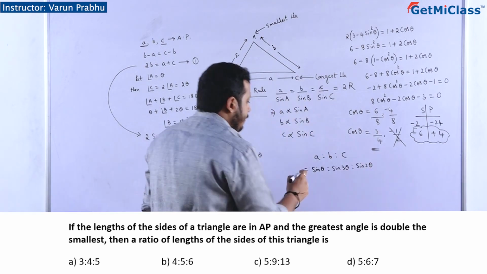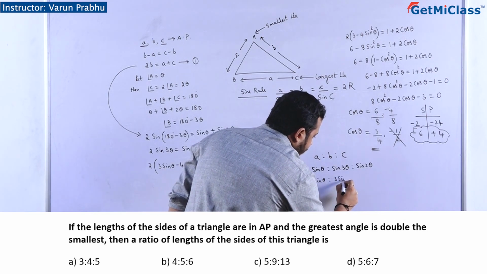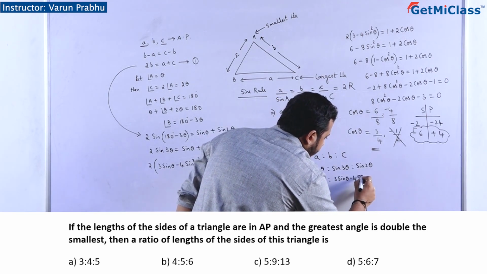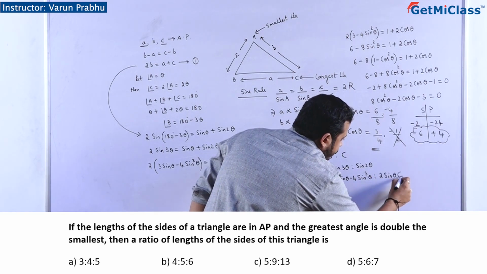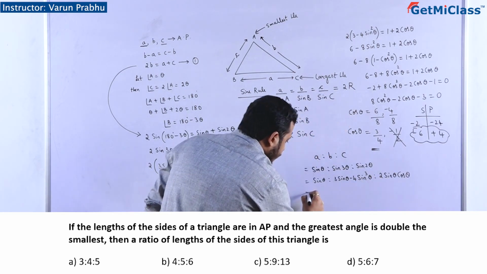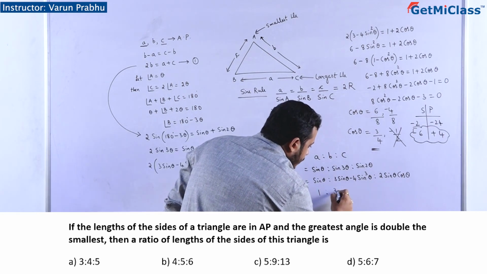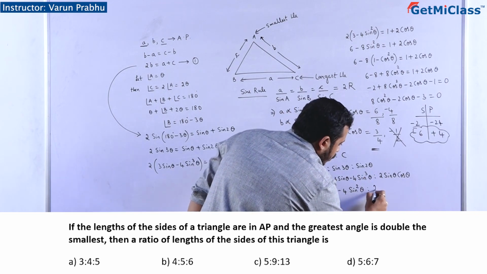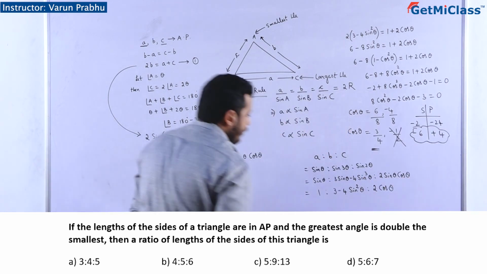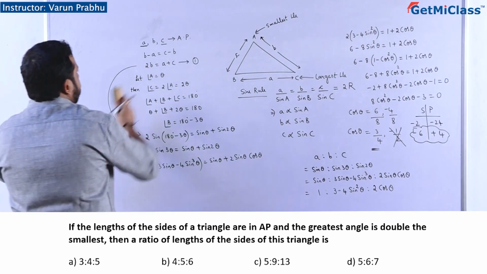This can be written as sin theta is to 3 sin theta minus 4 sin cube theta is to 2 sin theta cos theta. If I divide by sin theta, I get 1 is to 3 minus 4 sin squared theta is to 2 cos theta.